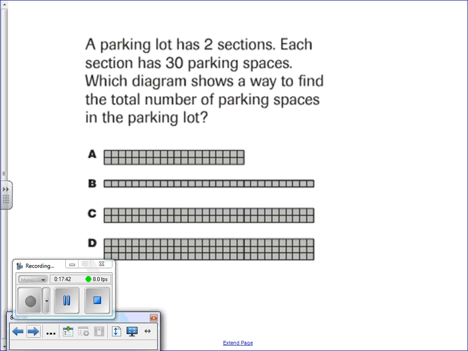So how many squares am I looking for on the short side? If the parking lot has 2 sections and each section has 30 spaces. Jojo. How many squares am I looking for on the short side? Oh, 3. Why 3?